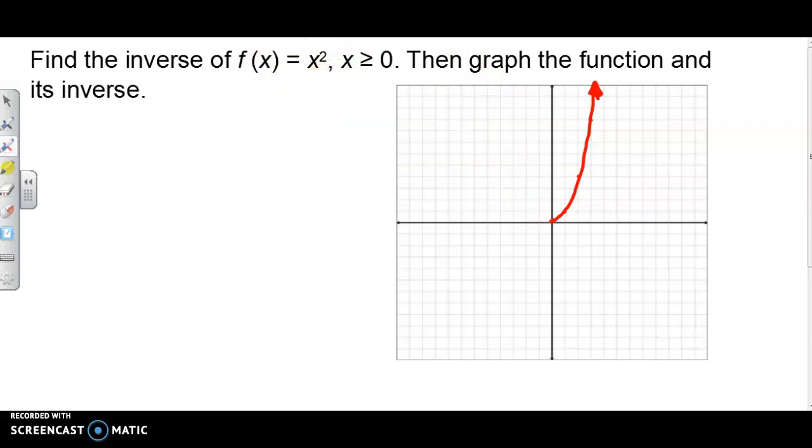Now if we're going to find the inverse of this function, let's just think about how we did it before. So first we'll switch f of x out for y, and then if I was going to solve this for x, I can solve it here, or I can switch the x and the y first, which we'll do that. We'll switch the x and the y.